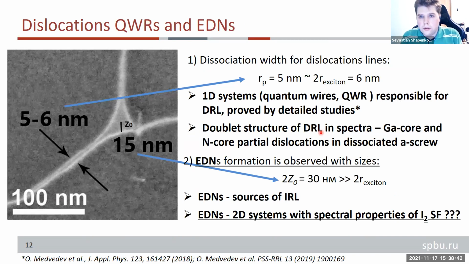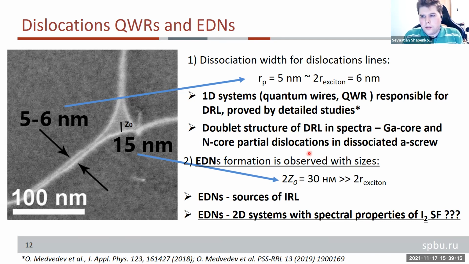Thus, we can conclude that these dislocation lines can be considered as quantum wires, 1D systems, because their dissociation width is 5 nanometers, which is close to the radius of the exciton, and also that we can explain the doublet structure by different atoms being in the core of the partial dislocations.